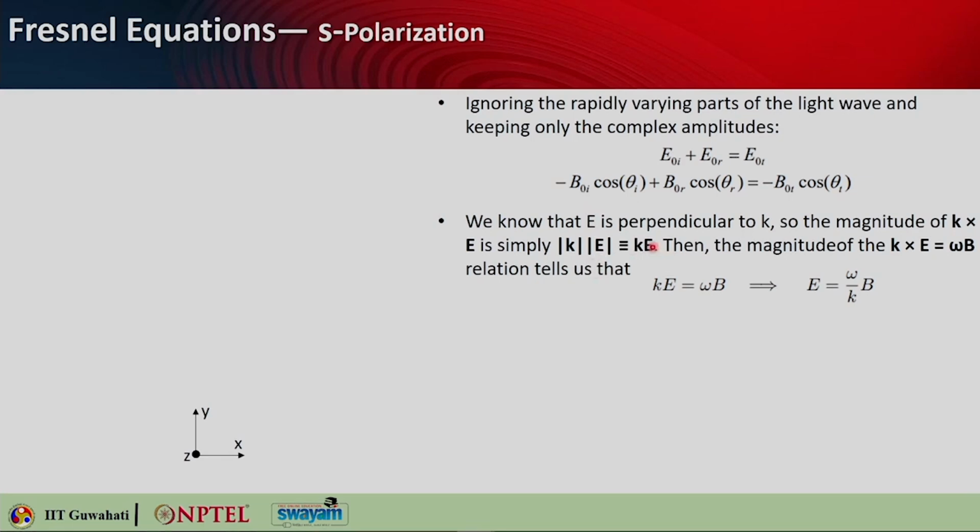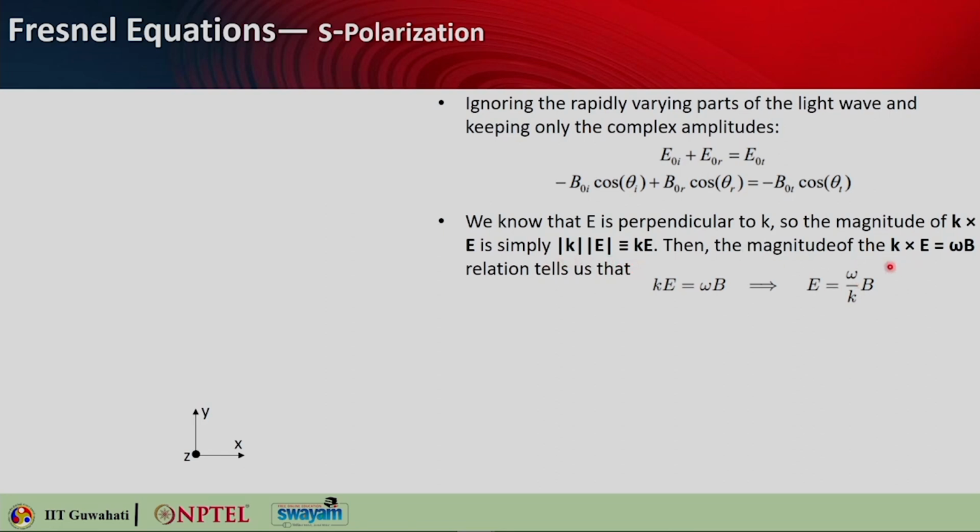So we know that E is perpendicular to K, that we have seen. So you can also write that E cross K, the cross product, can be simply written as mod E mod K, so you can simply write KE, fine.